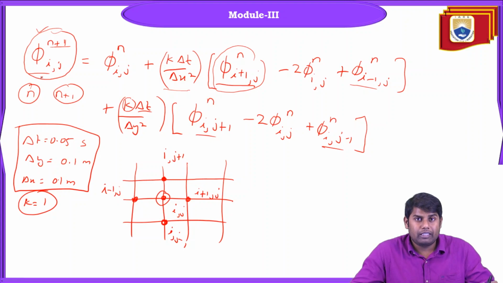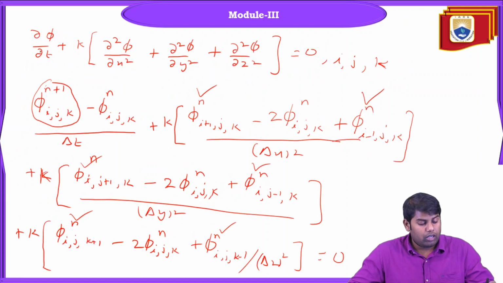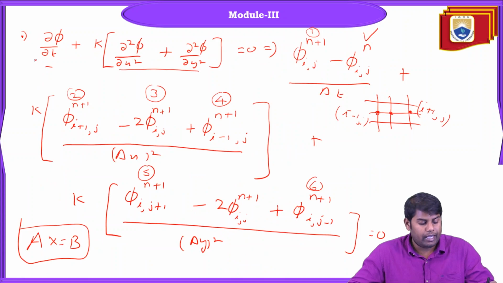So this equation is applied for i, j, and there itself we can solve. You take 2D or 3D, it's the same. All the values are known and it is not complex.